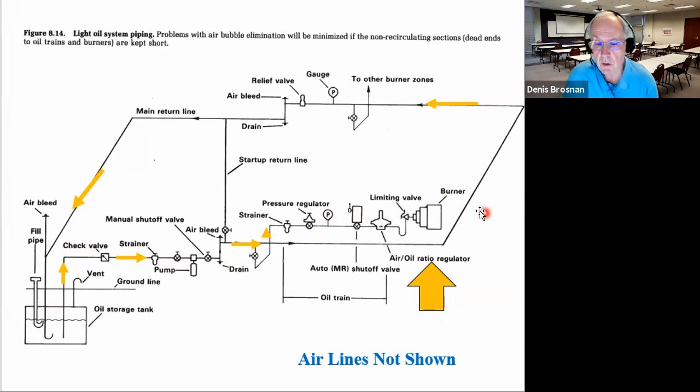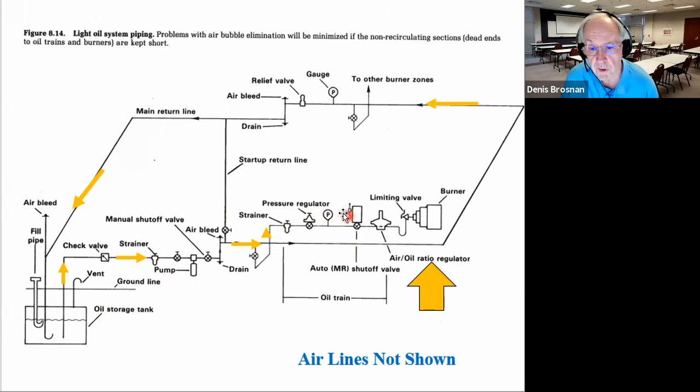So you see a lot of the components we had before, but in this particular case, you can also see there's a continuous loop keeping the oil heated in the system as we go around the loop. And we're also taking some of that oil off into a regulator, an oil pressure regulator.